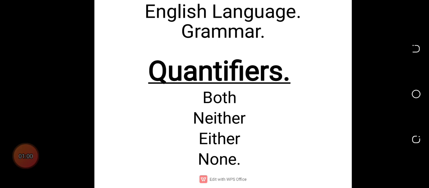All right. So before we take the lesson, a quick revision on what we did last week. What is a quantifier? When we say quantifiers, what are they?